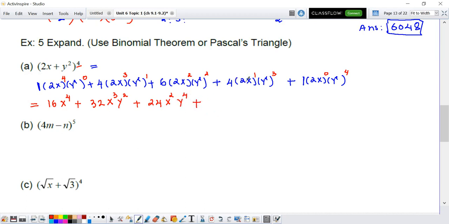And 4 times 2 is 8, x, y to the 6. 2 squared, right? 6. And last, the 0 power gives you 1, y to the 8. So these are the expectations: that you do the work and show these steps.